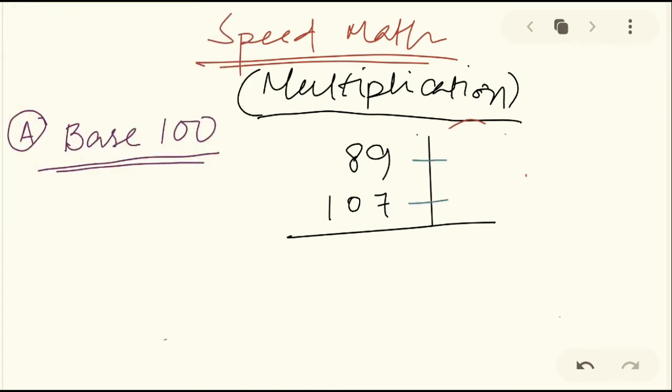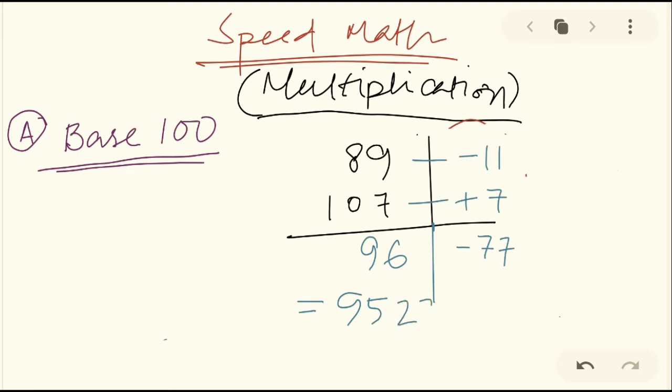This part will be minus 11, this part is plus 7, so it will be minus 77, and this part is 107 minus 11, or 89 plus 7, that is 96. So the answer will start with 96, and that one is equivalent to 100. 100 minus 77 is 23. So this will be our answer.